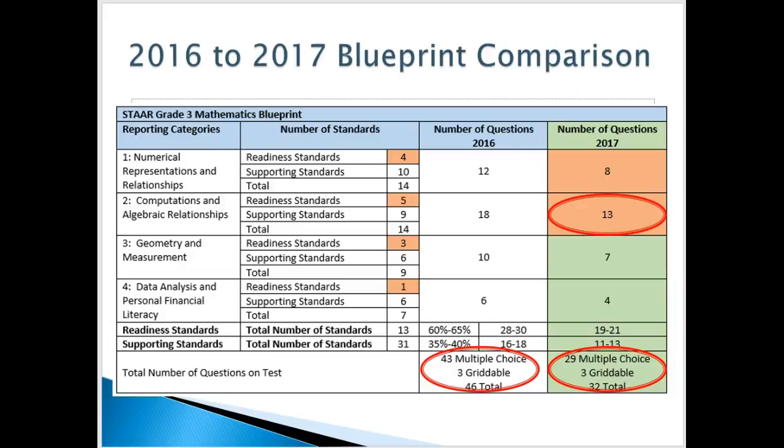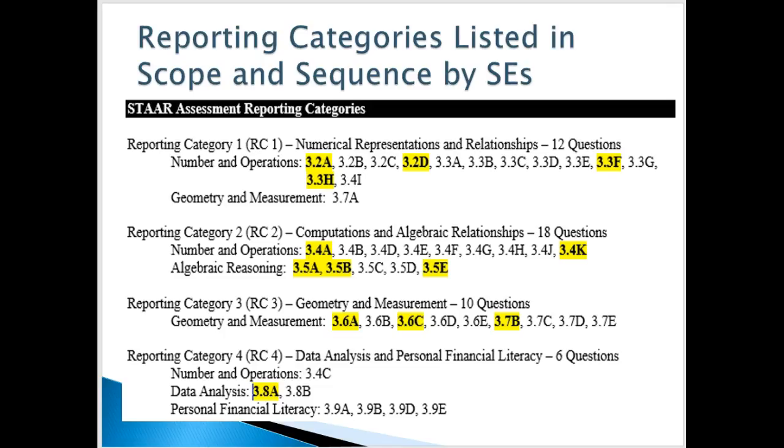Here's a comparison of what we had last year compared to this year. Notice last year we had 18 questions, but there was a close number between 12, 18, and 10, whereas here it's spread a little bit more. Reporting category 2 has really come out ahead to having more text than the other categories. So again, the SEs are the same in each category.